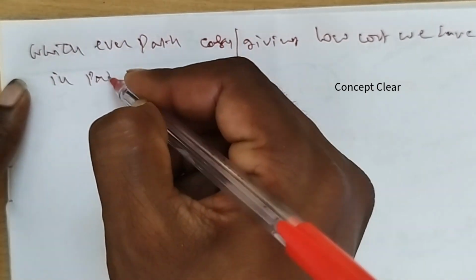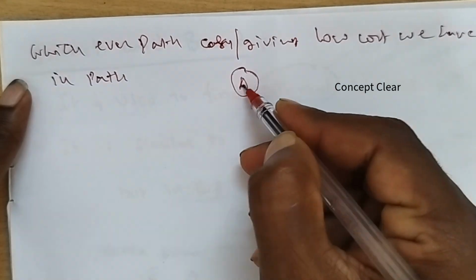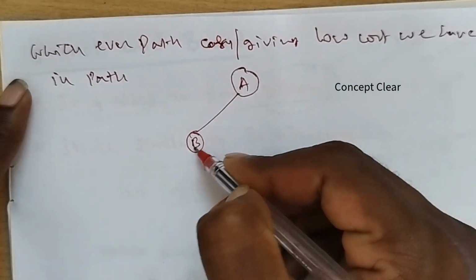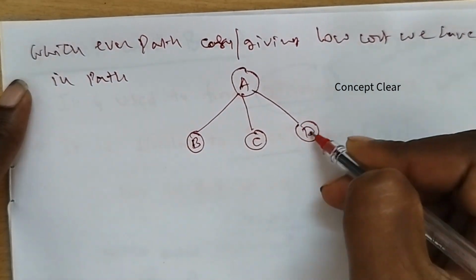What is the main aim here? To find out the shortest path. So whichever gives that, we will go A to B to C to D.